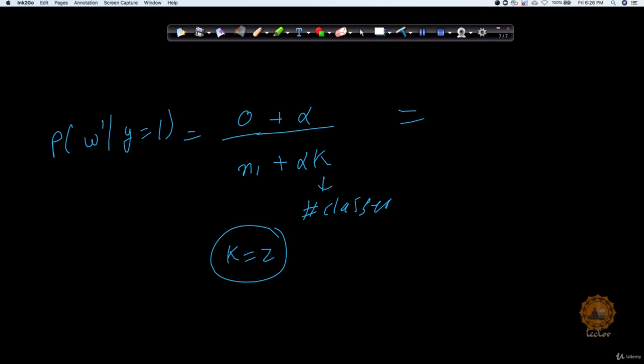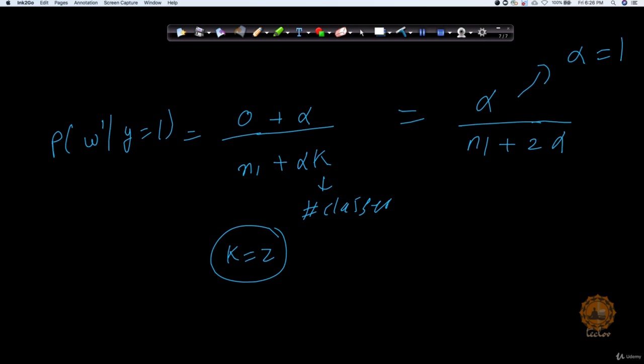So my value will become alpha over n1 plus 2 alpha, like this. Now typically we take the value of alpha as 1. Generally we want to keep it a reasonable value, and definitely it is a hyperparameter, so you can always change it and see where your model gives you the best output, and you can stop there. That's always in your hand.